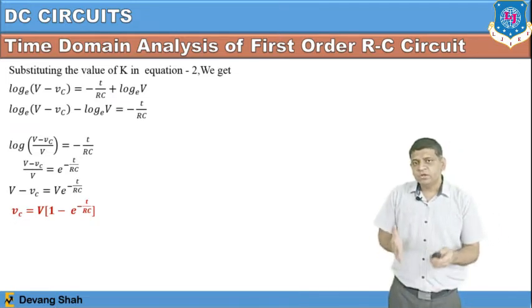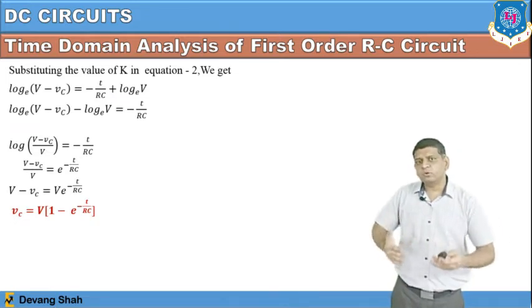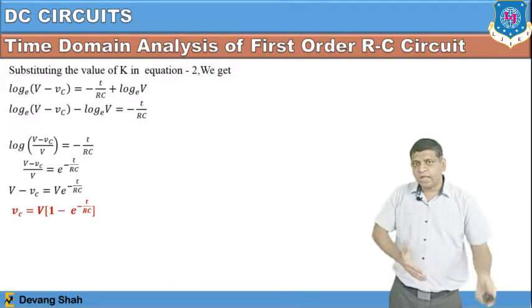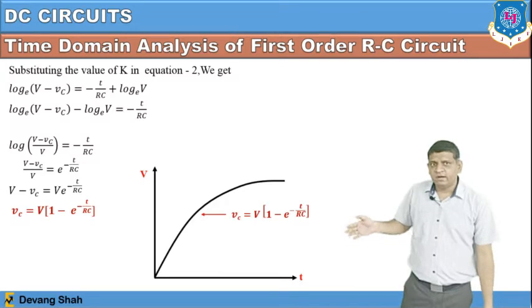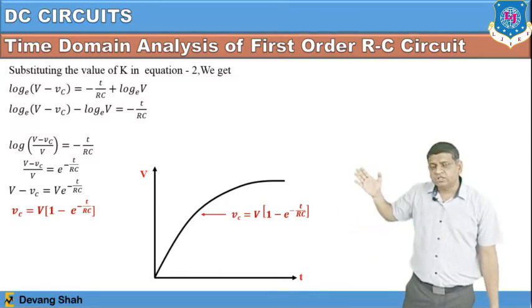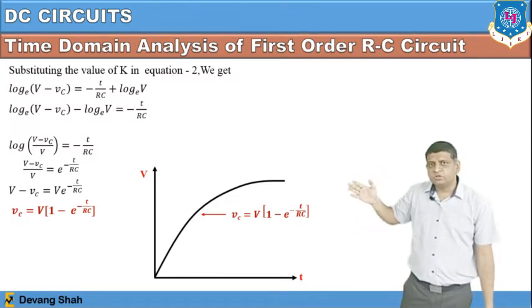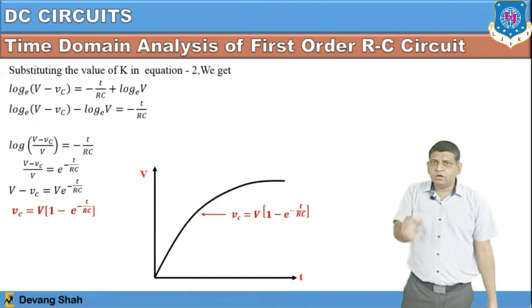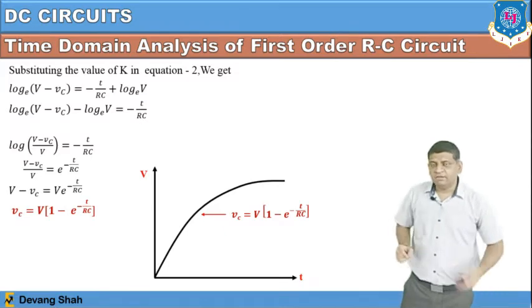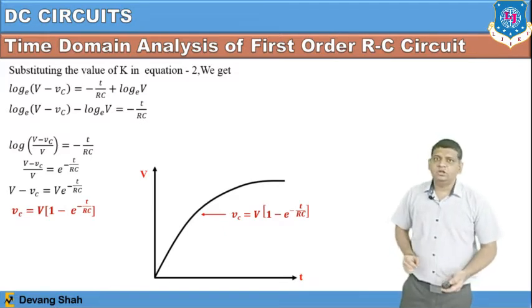Once you plot the voltage drop across the capacitor with respect to time on a graph, you can see that the charging voltage across the capacitor shows an exponential shape, representing the term V(1 minus e raised to minus t by RC), where RC I define as the time constant.